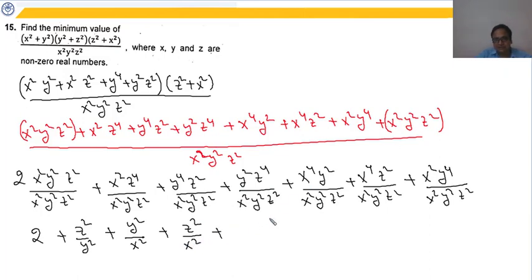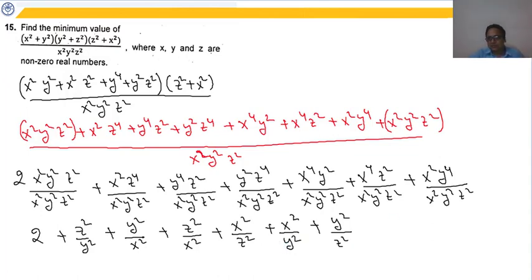From this term, x square will be there in the numerator, x⁴ upon x square, y square cancels out, x square upon z square. Then z square cancels out, x square upon y square, plus y square upon x square, z square cancels out.